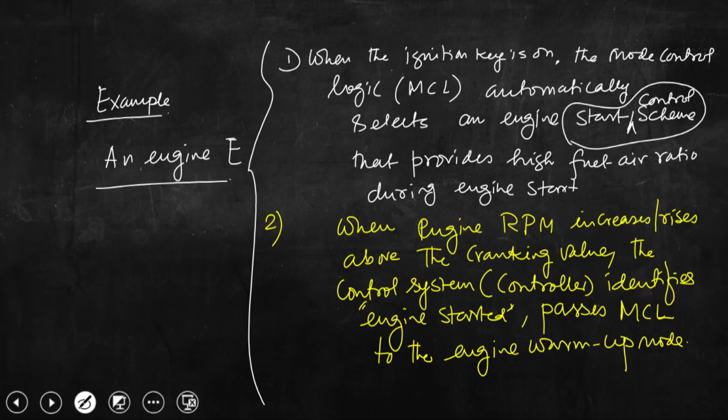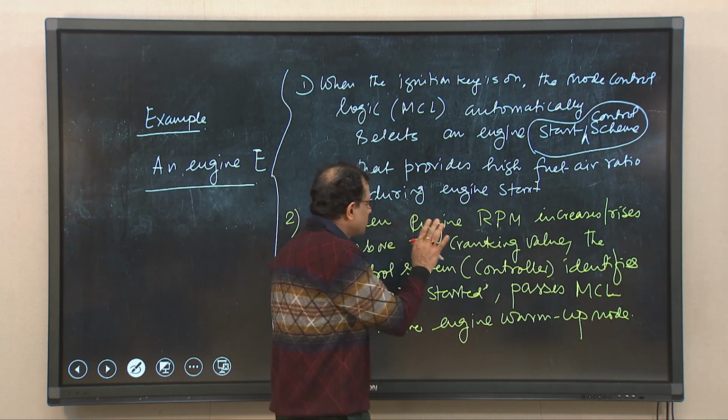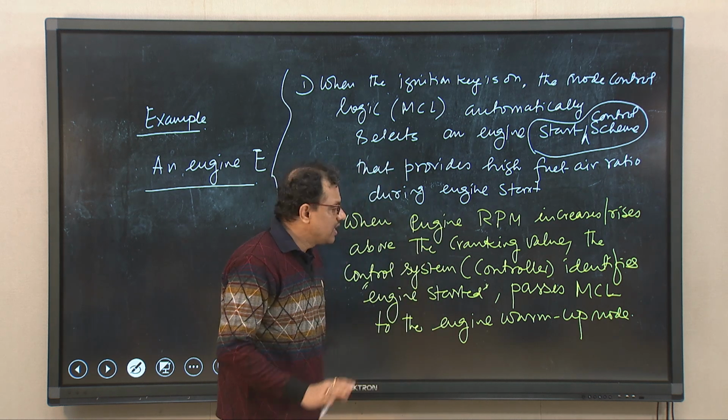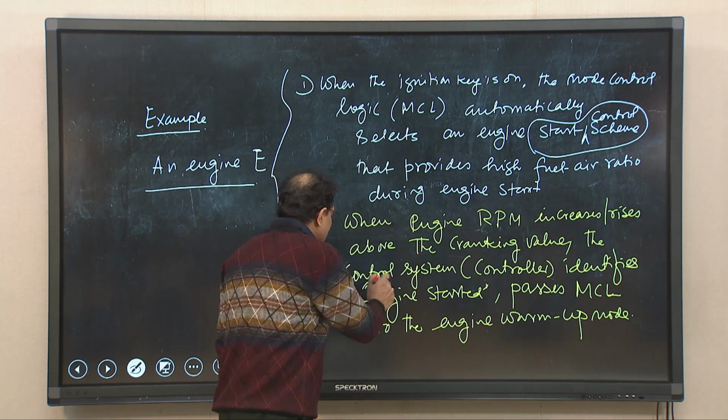So, when engine RPM increases, as I told you a few minutes back, when the engine needs to produce more power, the mode controller logic or control system will identify that the engine started.